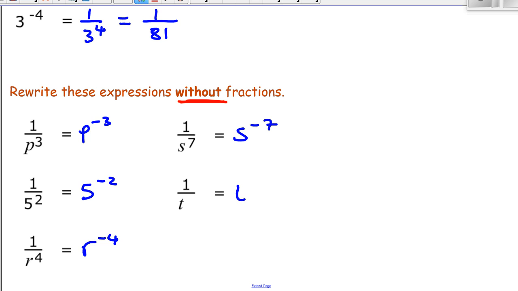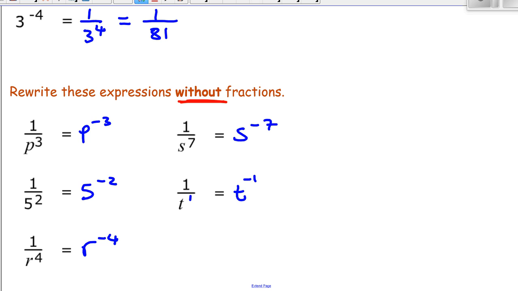Now, if you have t just on its own, that means t to the power 1. You're not multiplying t by itself, you just have t, so that's just t to the power 1. So what you'll end up with is just t to the power negative 1.